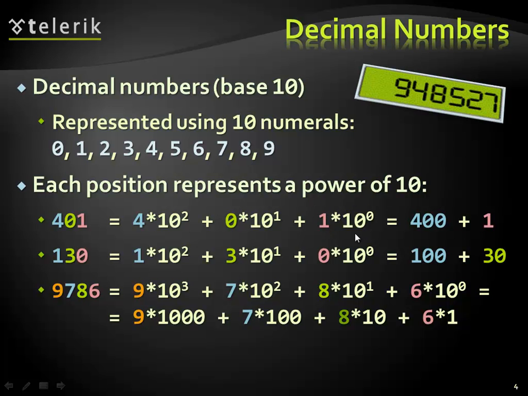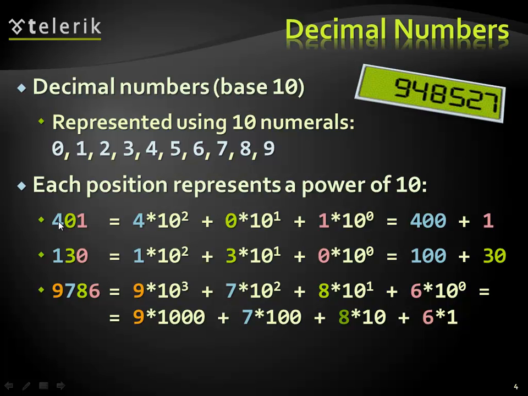So the first digit will be times 10 to the power of 0, and every number to the power of 0 is 1. Then the second will be times 10 to the power of 1, and then 10 to the power of 2. That's how we construct our numbers, and that's how we get to the representation of 401. That means 1 times 1, 0 times 10, and 4 times 100.